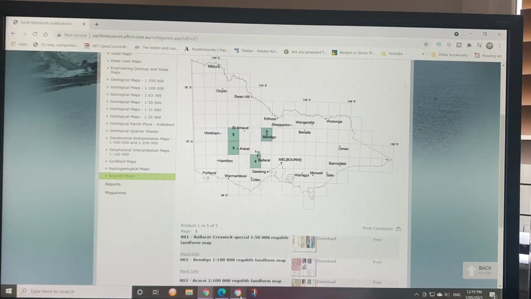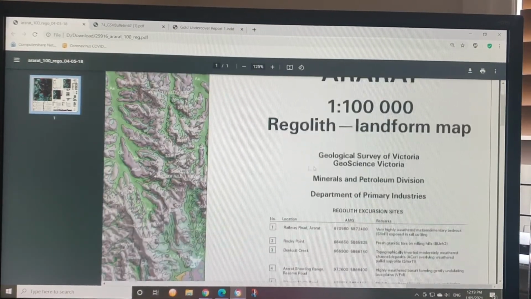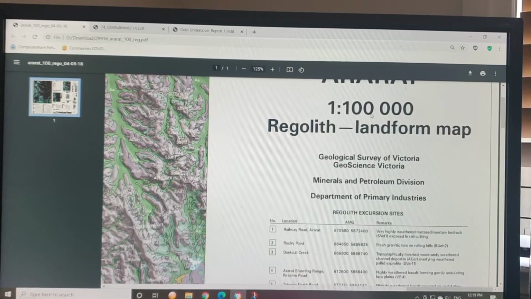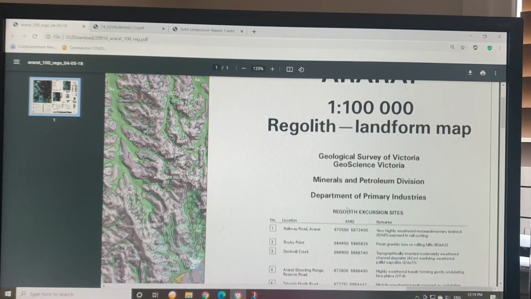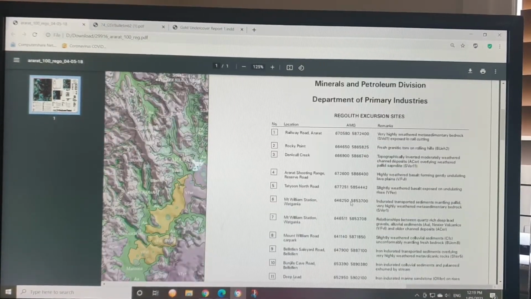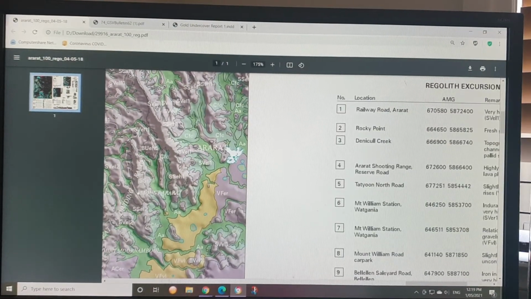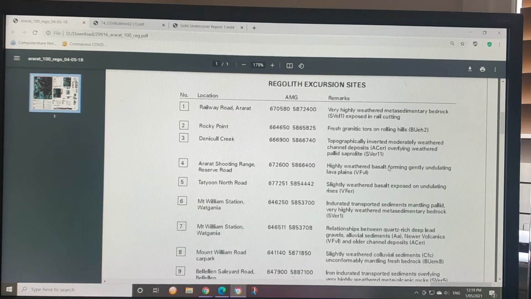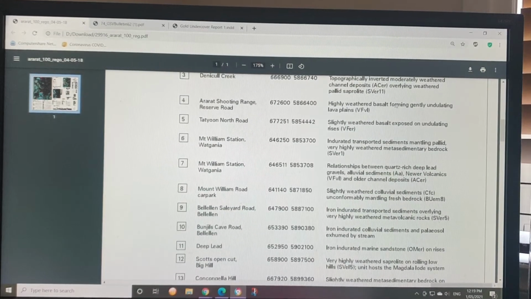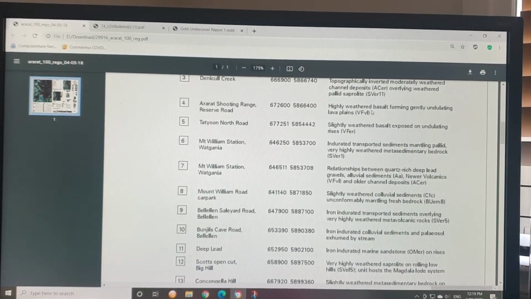If we go back to the actual map, this is 1 to 100,000, 1 centimeter to 100,000 centimeters. Then we have some information here. If we zoom in, you've got basalt forming, probably not really any gold in it.